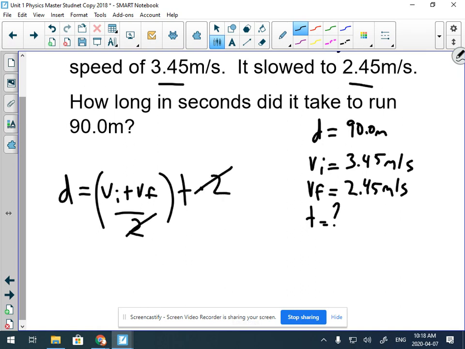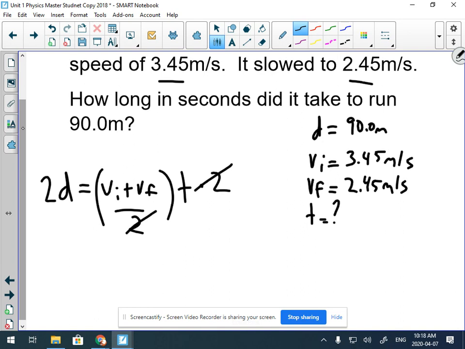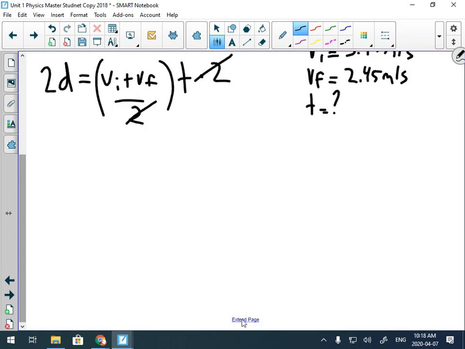The 2's cancel, and the 2 comes over to this side. Now I'm going to rewrite this. So I have 2d is equal to vi plus vf in brackets times time.